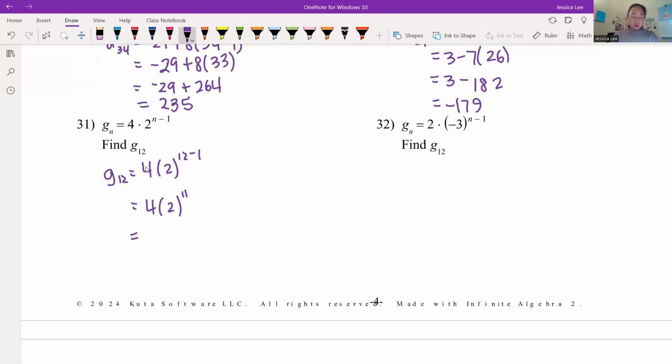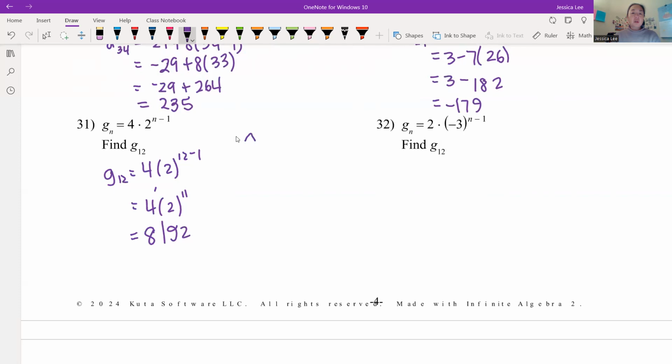When you go 2 to the 11th power, on your calculator you're going to look for a caret, the one that looks like an upside down V, or you're going to have x to the y power. I will show you in just a bit. And then we're going to multiply that by 4. So you're going to get 8,192.